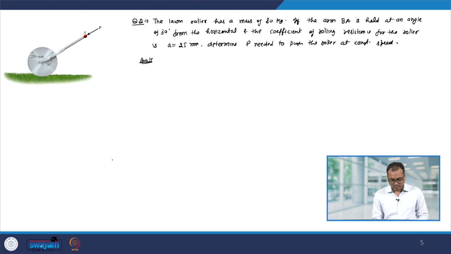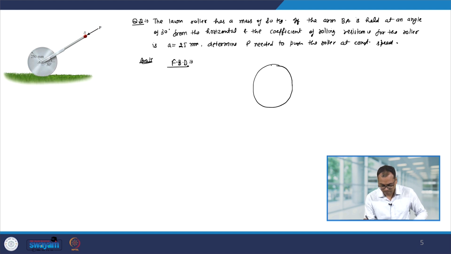So, let us look at the free body diagram of the roller that we have. Okay. So, we have this roller, and its weight is W equal to mg.